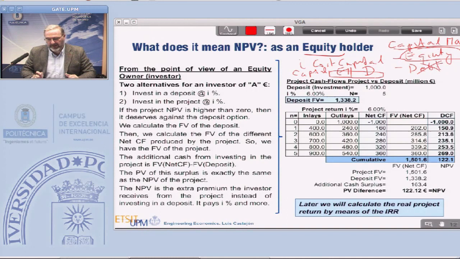So it's defined by the money this investor can earn on this investment. So any investor will choose the investment with the higher rate of return.